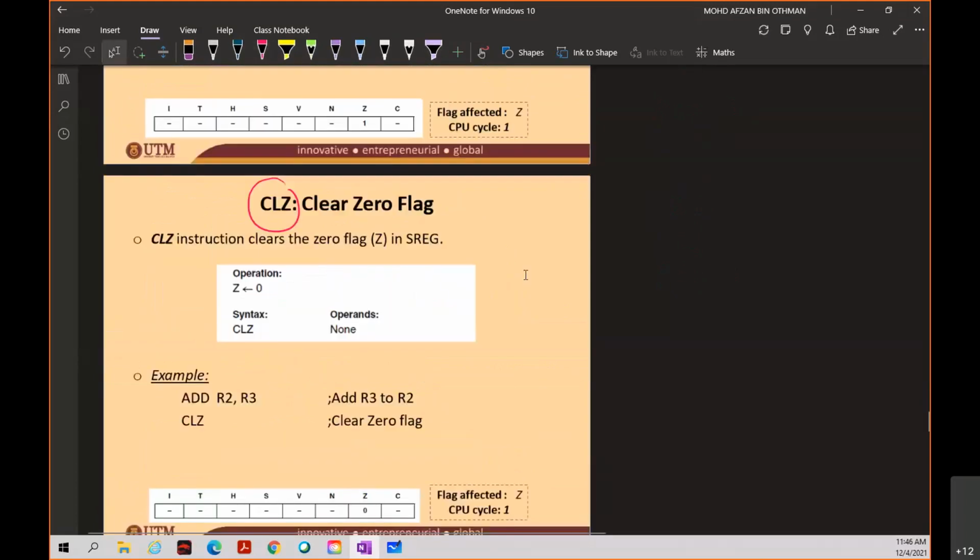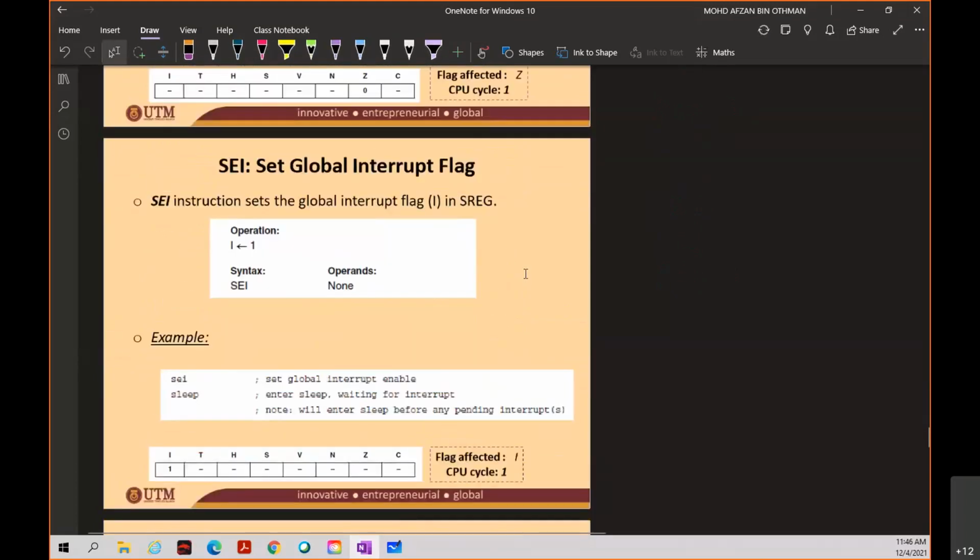And last but not least, this is the most important thing, because you always use this one for interrupt programming. Every time you're going to do interrupt programming, you need to enable your I flag. So how to enable your I flag? By using the SEI instruction. Every time you execute the SEI instruction, your I flag automatically becomes 1.